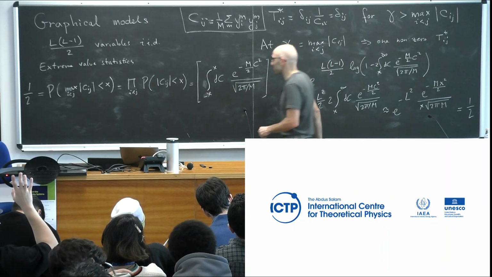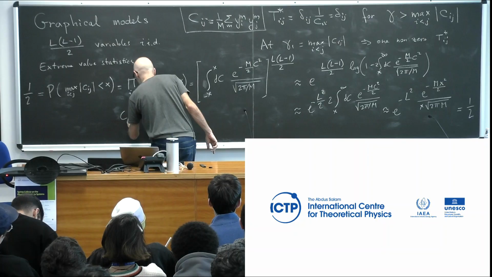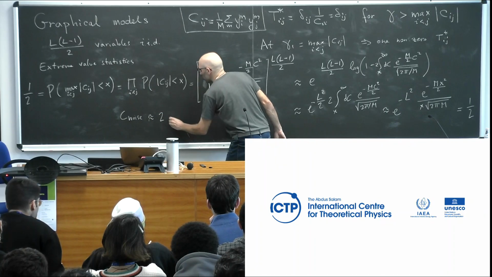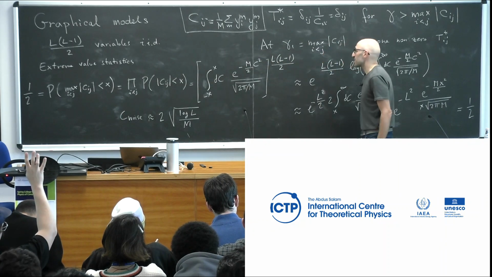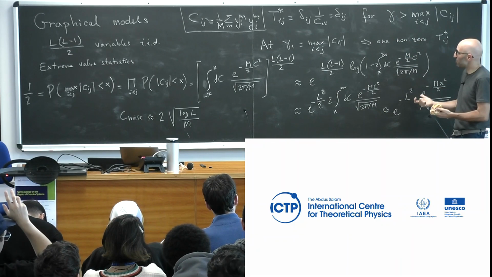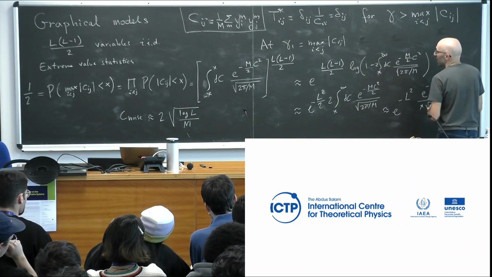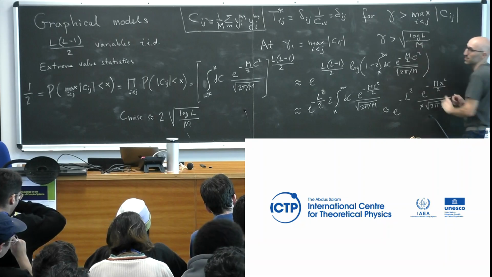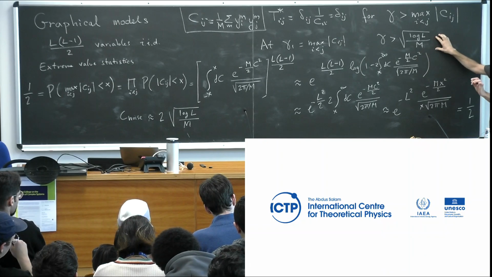You do the calculation, and what you get is that the median of the maximum, let's call it C noise, the typical value of the maximum, is proportional to 2 square root of log L over M. So the conclusion is that if I have my null model where I have just noise, as long as gamma is bigger than square root of log L over M, which is my maximum of the Cij, then all the matrix elements of T are 0.